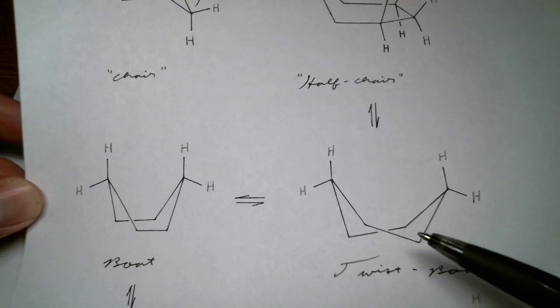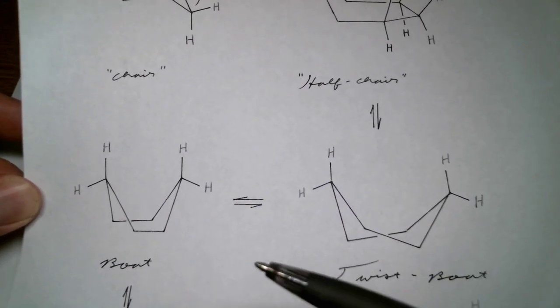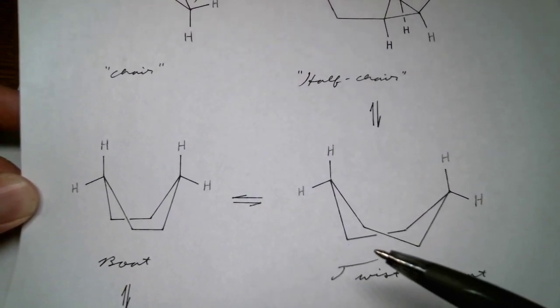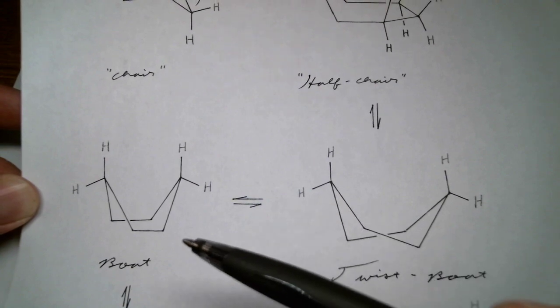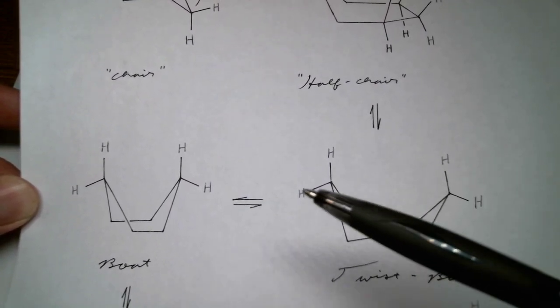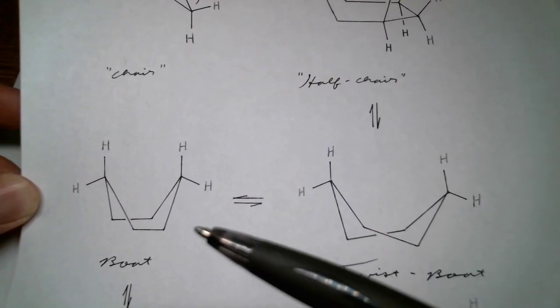Now the twist boat can go to the boat conformation. It's just puckered a little bit. You could easily probably assume these individual stopping points along the spectrum of different conformations as you flip between conformers with the molecular model.